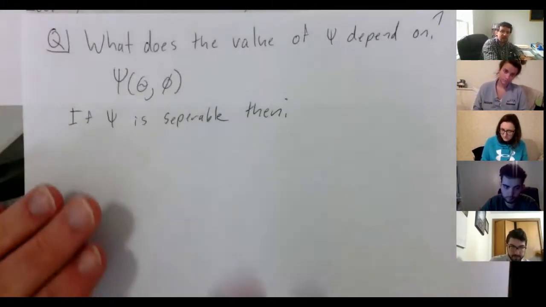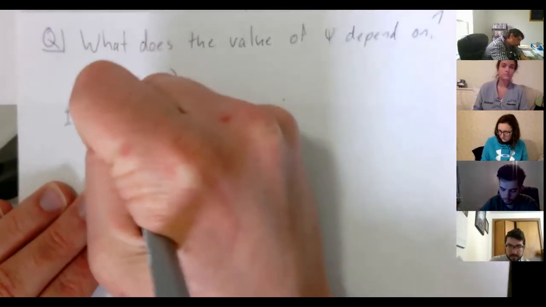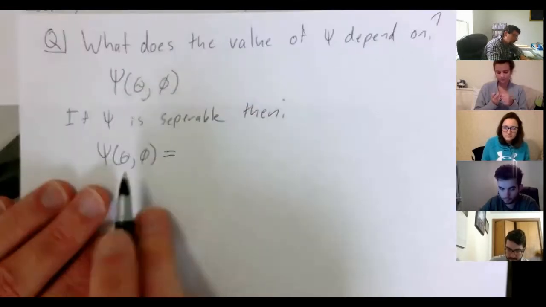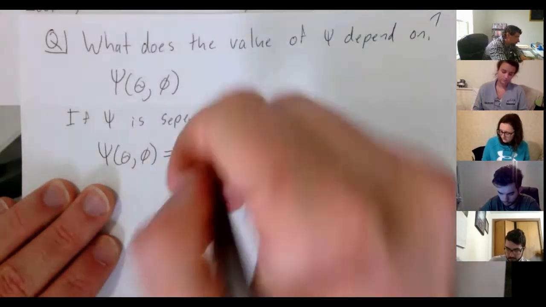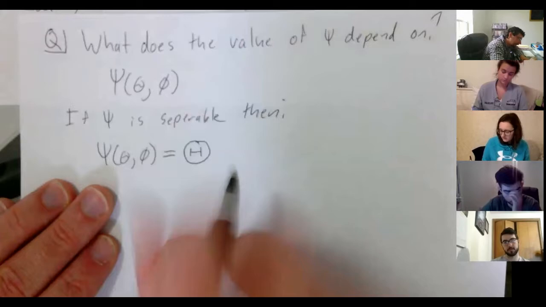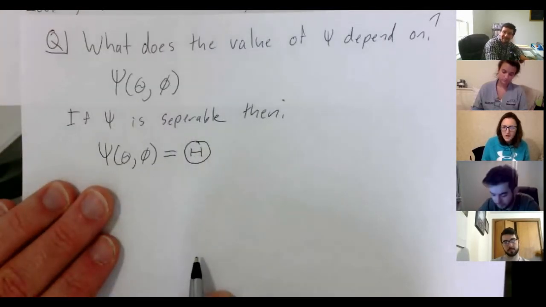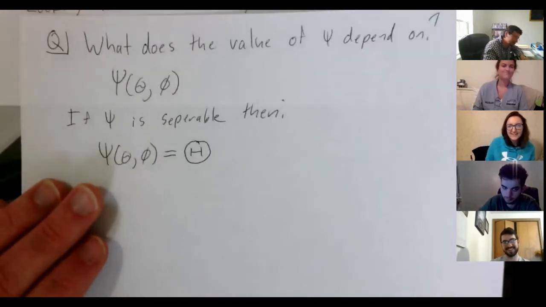We can say that psi is a combination of a term that just depends on theta and a term that just depends on phi. So we're going to try to draw a capital theta, which looks like a chubby kid.